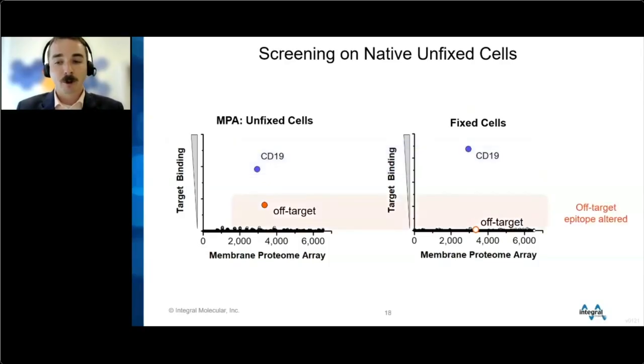Importantly, the off-target interaction that was identified in these unfixed environments was not able to be recapitulated when using fixed cells. This really means that this off-target epitope was altered due to fixation, and then in a fixed condition, we see this false negative, which is very, very important and can be dangerous moving forward in a clinical trial because this can cause severe adverse events.